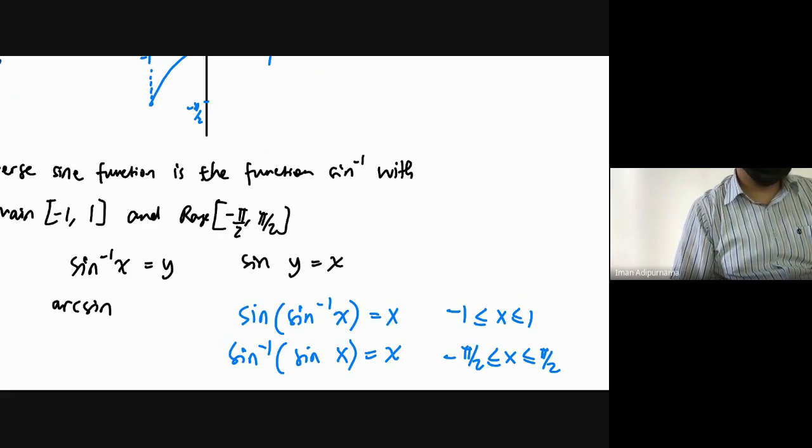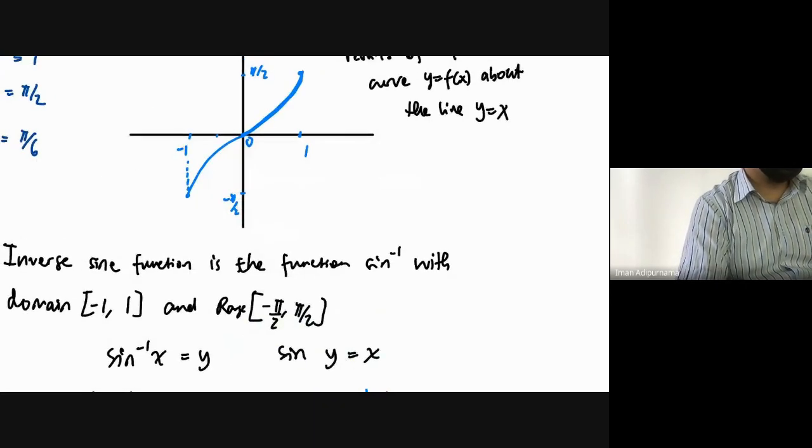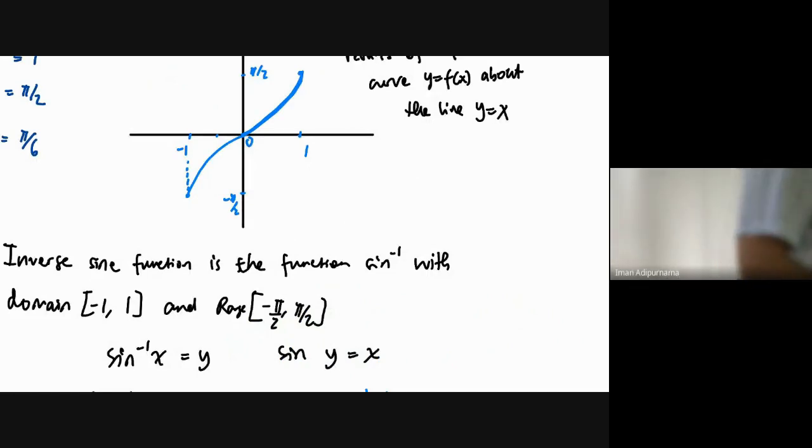Okay, you can do the same thing with cosine, cosine inverse. The difference will be in domain and range. Remember, because sine and cosine are complementary, if the sine is from -pi/2, the cosine will start from 0, from 0 to 2 pi.